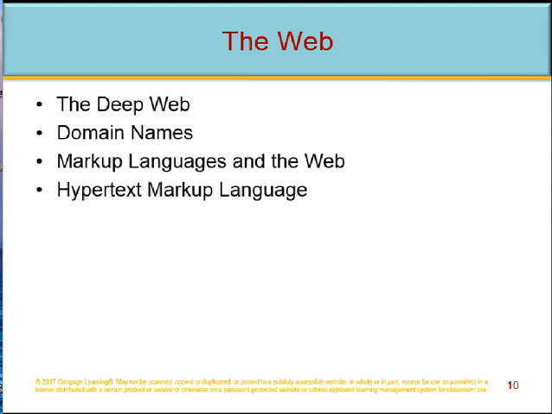The top level domain, in this case .edu, is the rightmost part. The Internet Corporation for Assigned Names and Numbers handles this, and that's known by its abbreviation ICANN.